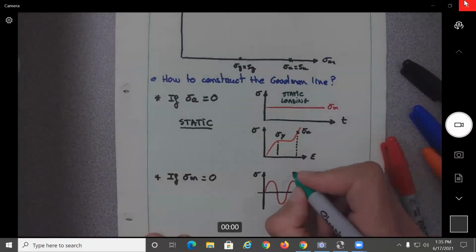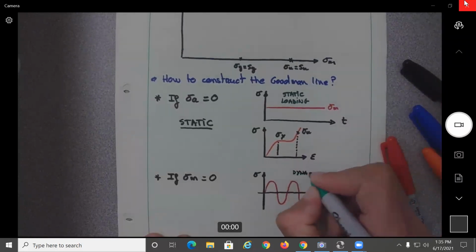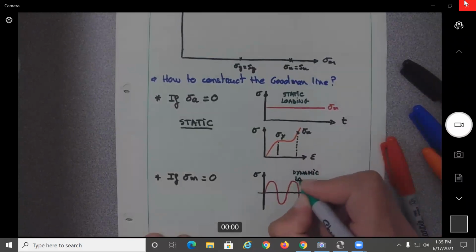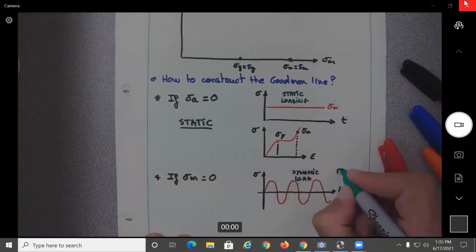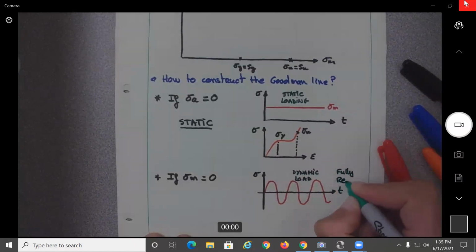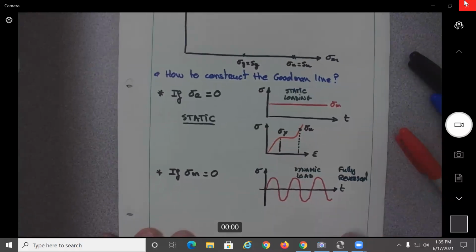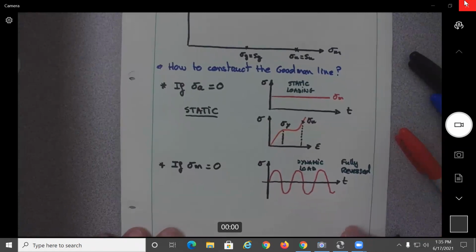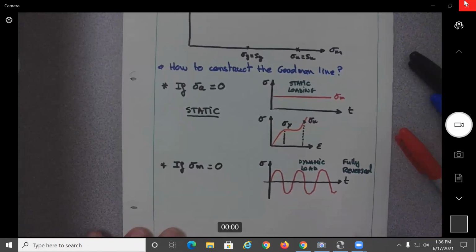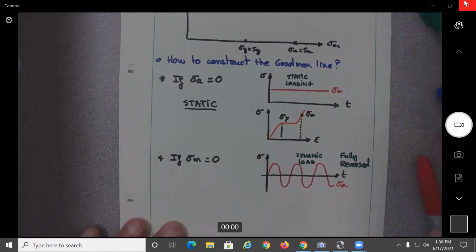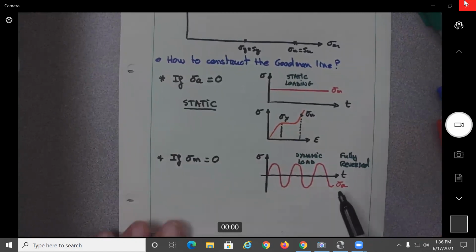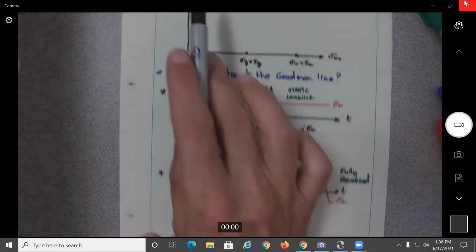This is the dynamic load, which corresponds to the fully reversed stress. Okay, so now that means that we're moving along this line over here.